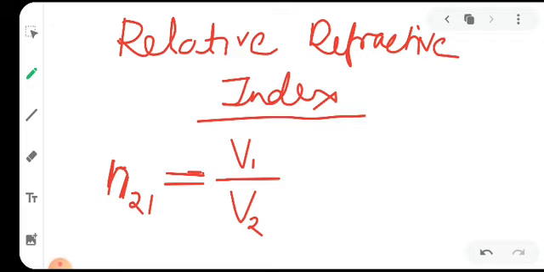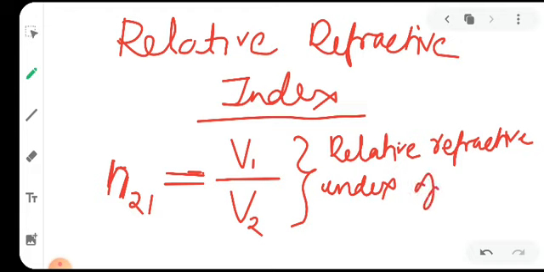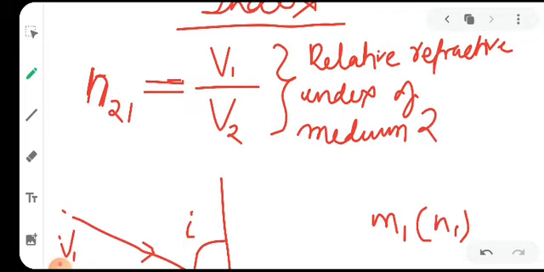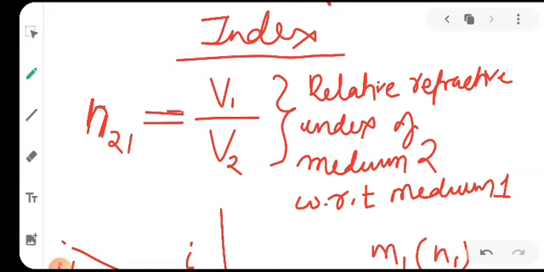So this is the relative refractive index of medium 2 with respect to medium 1. So this is how you define relative refractive index.